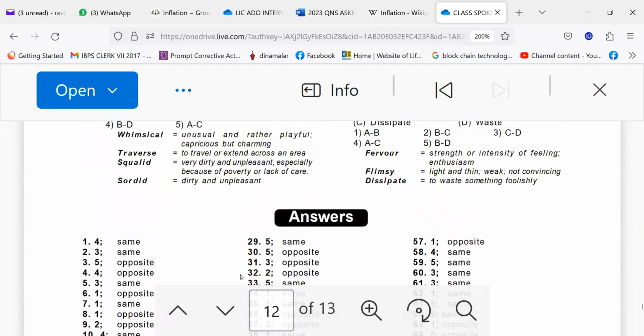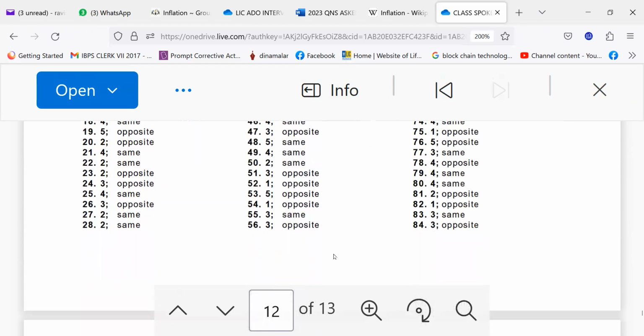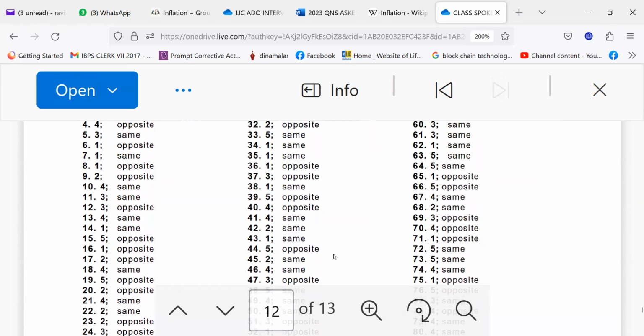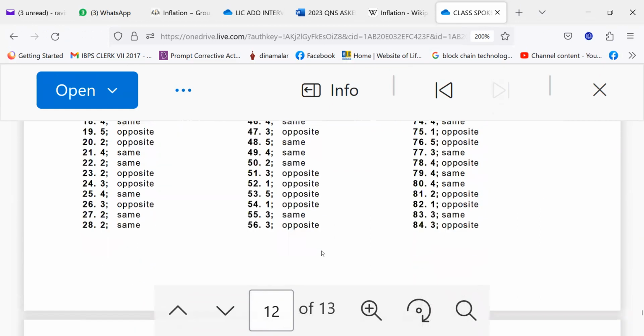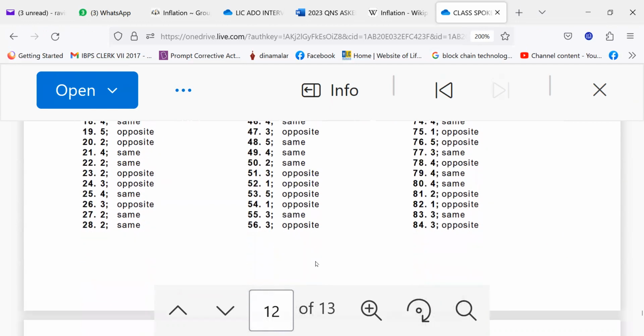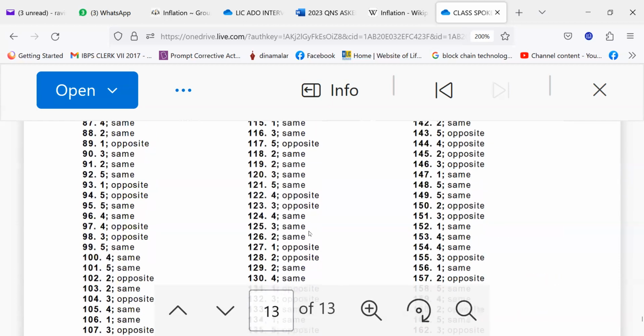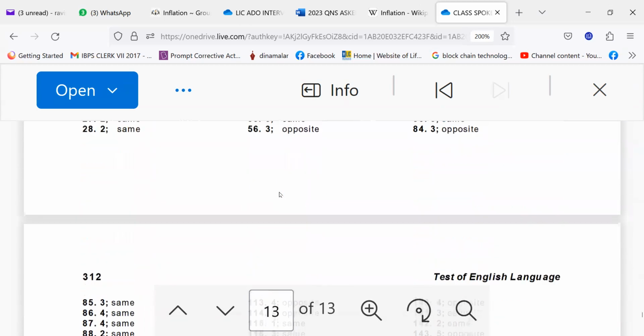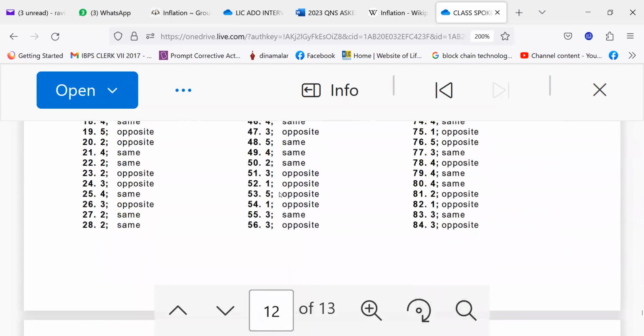Question number 29. Answer is 5. Question number 38. Answer is 1. Then question number 45 is 2. Then 52 is 1. 76 is 5. Then 82 is 1.